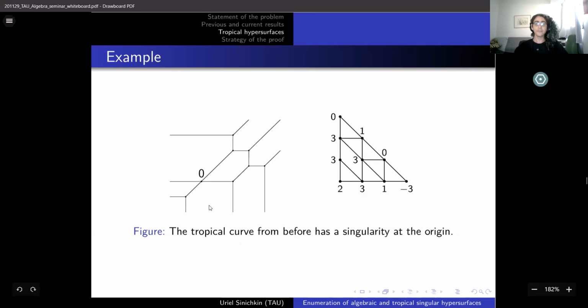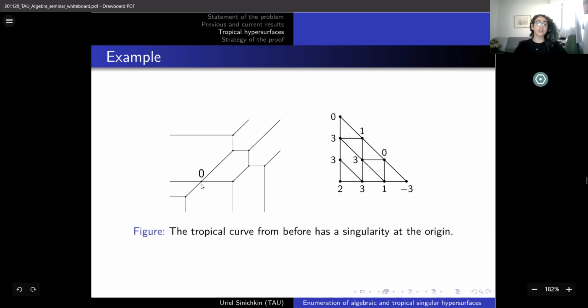Okay, so examples. The tropical curve from before is actually singular, and it has a singularity at the origin. How can we see that? The points with the highest coefficients, which are exactly this parallelogram, are affinely dependent: the sum of those two equals the sum of those two. And every other point is, of course, an affine combination of those. So it has a singularity at the origin.